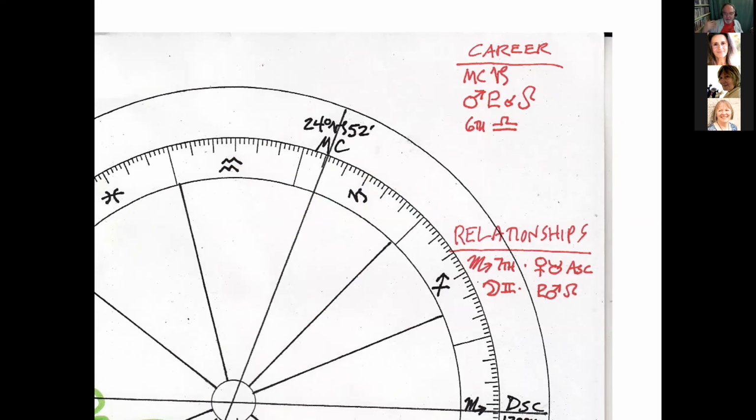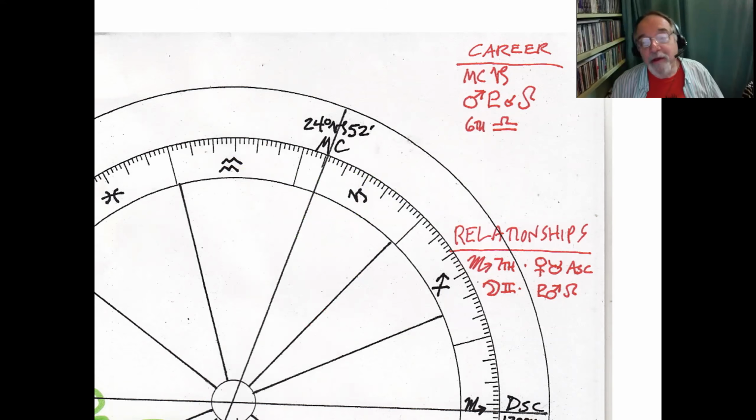Scorpio, very passionate connection in the 7th house. So there's a passionate person here who wants an intellectual partner. She's also got Pluto conjunct Mars, which certainly revs up the physicality and sexuality of a relationship. And it's in Leo. She's definitely going to have to be noticed. She's not going to be a shrinking violet in any relationship, whether it's a love relationship or an interpersonal relationship of close friends.